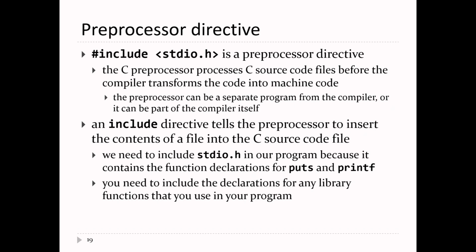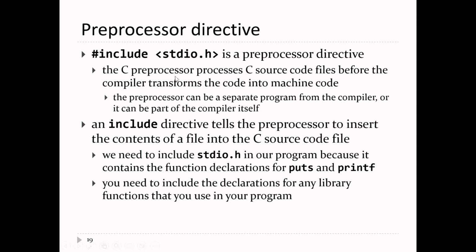Okay, so let's take apart these programs one line at a time. The first line in all of those programs was this include directive. If you ever see something that starts with the hash symbol in a C program, that's what's called a preprocessor directive. As part of the compilation process, there's something called the preprocessor. It's the thing that reads your program and then does stuff as indicated by these directives.